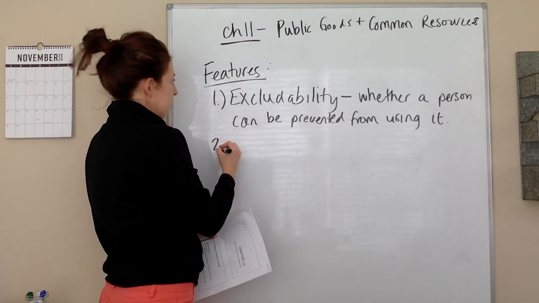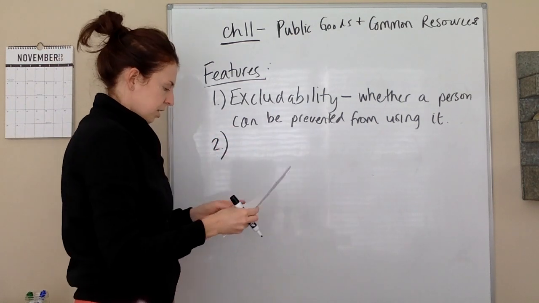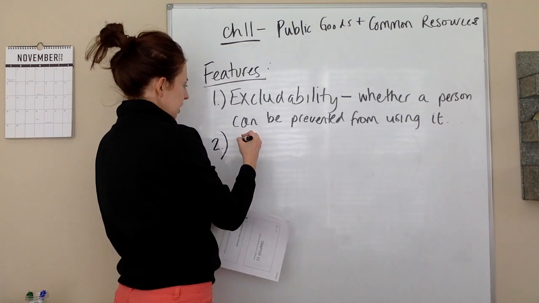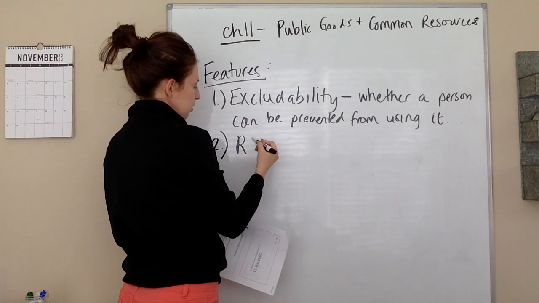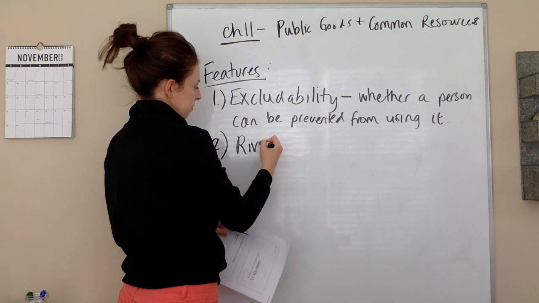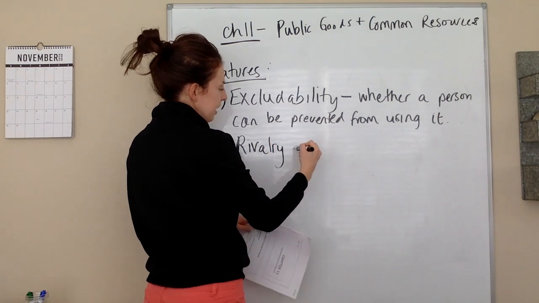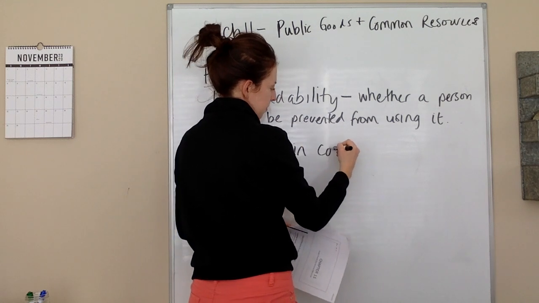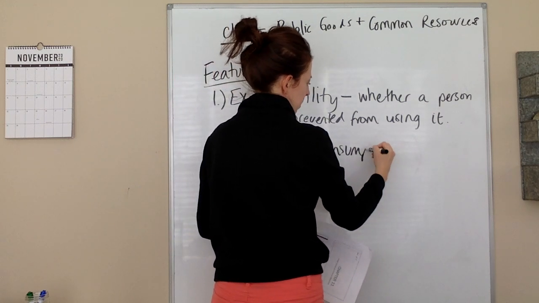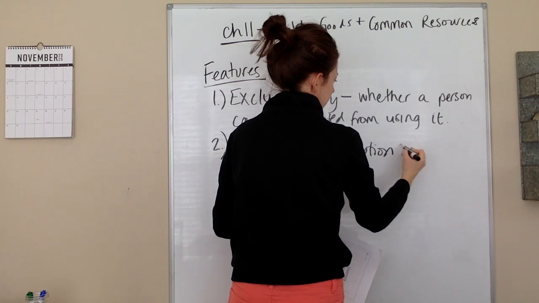Okay, the second feature that we can use to classify goods is rivalry in consumption. So what does this mean?